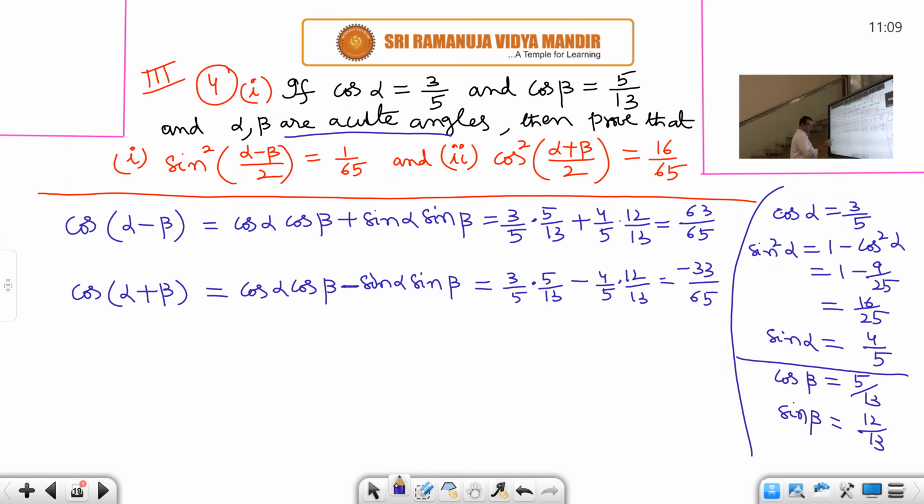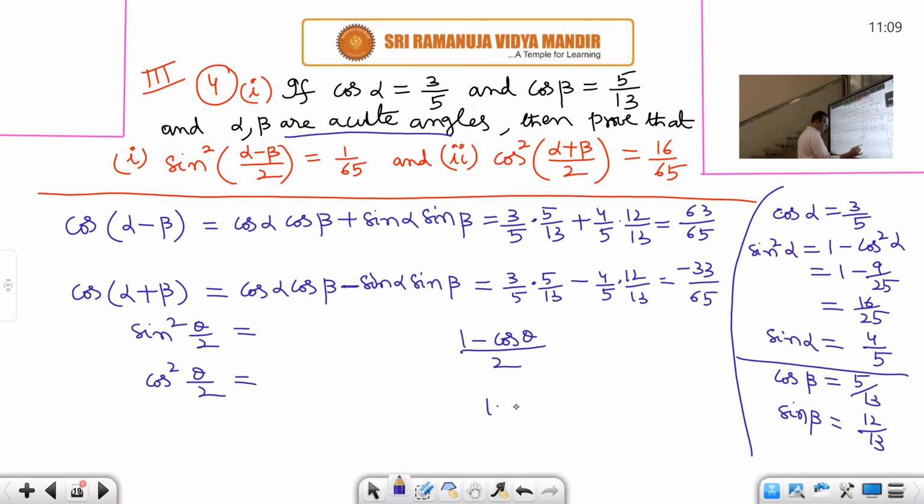Sine square theta by 2, let us call it. Now, I'll ask you a question, Shilpita. Sine square theta by 2 and cos square theta by 2. One of them is 1 minus cos theta by 2.